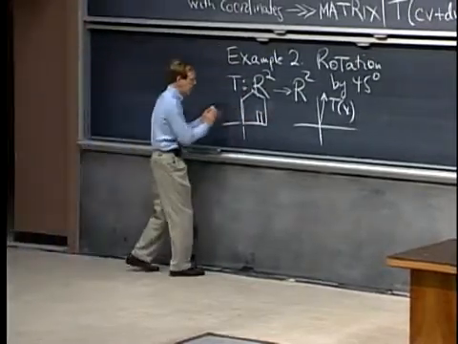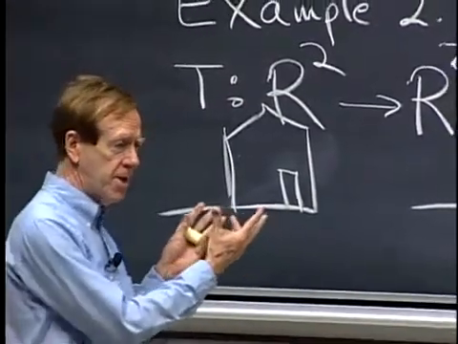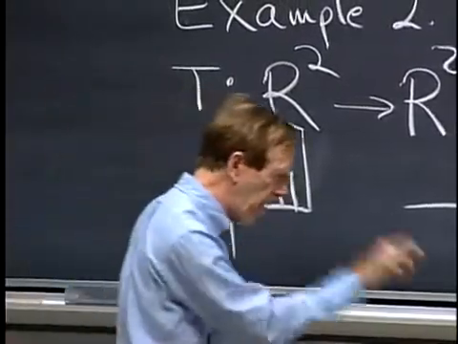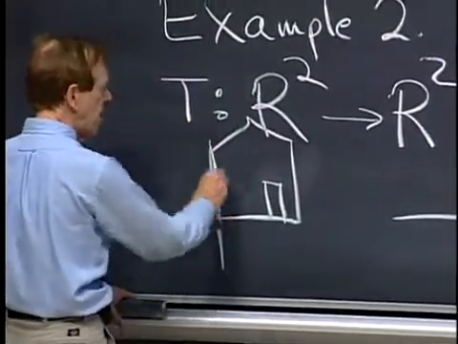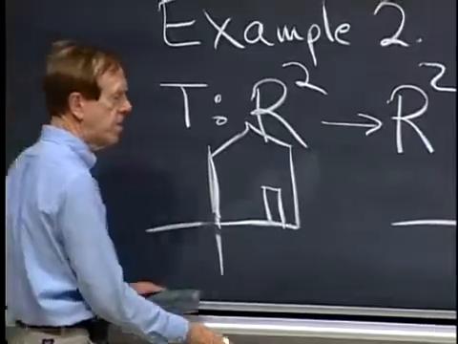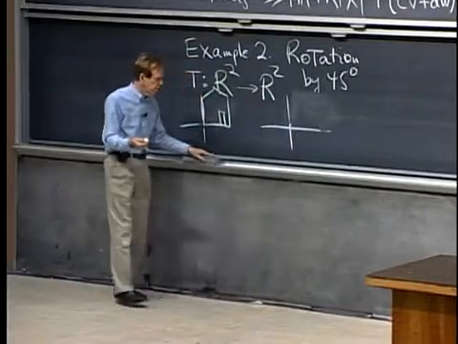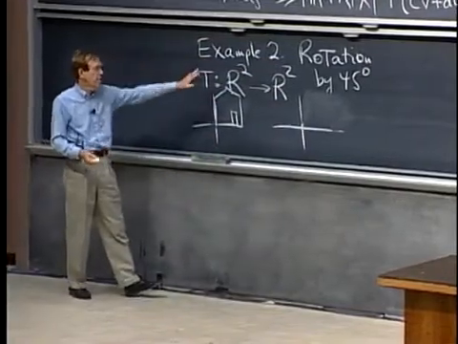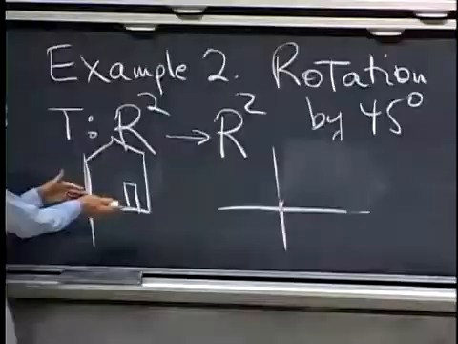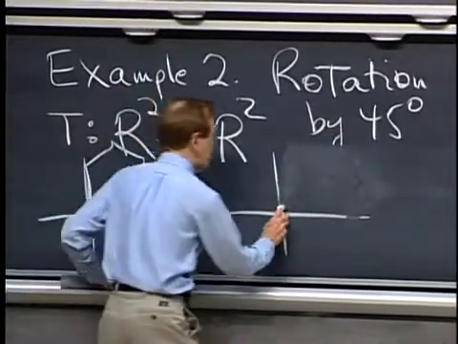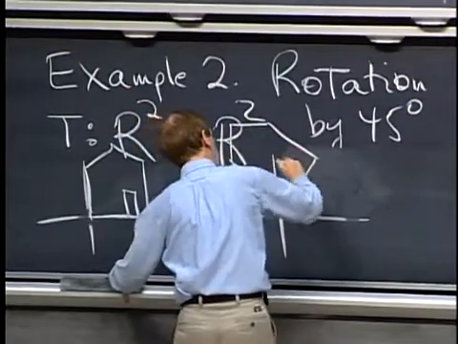So that's a whole lot of points. The idea is, with this linear transformation, that I can see what it does to everything at once. I don't have to just take one vector at a time and see what T of v is. I can take all the vectors on the outline of the house and see where they all go. In fact, that'll show me where the whole house goes. So what will happen with this particular linear transformation? The whole house will rotate. So the result will be, if I can draw it, the house sitting there.